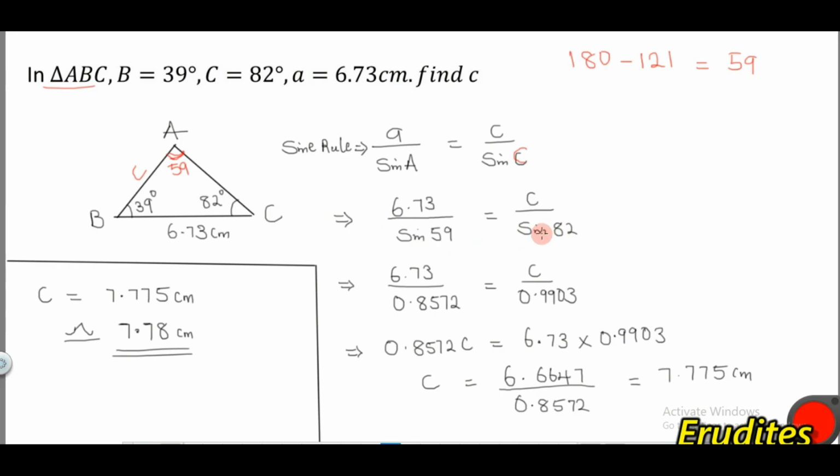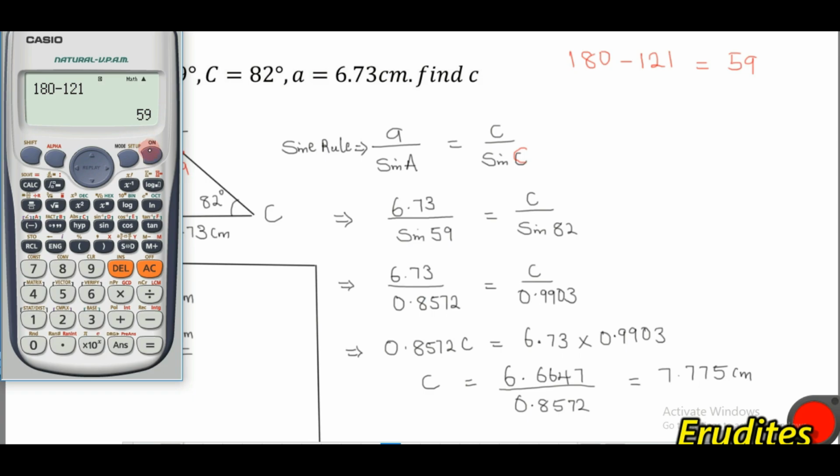So having done that, the next thing is to look for the values of this sine. So this will be 6.73 over sine 59. So I'll bring my calculator and press sine 59. Sine 59 is equal to 0.5716, so approximately 0.572.